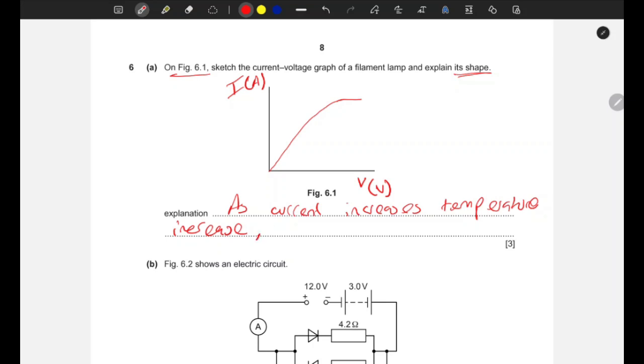So for our second point, we can say that the resistance increases. So there would be a lower increasing current.